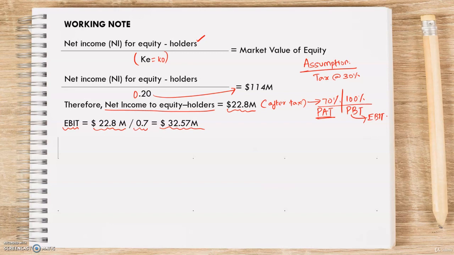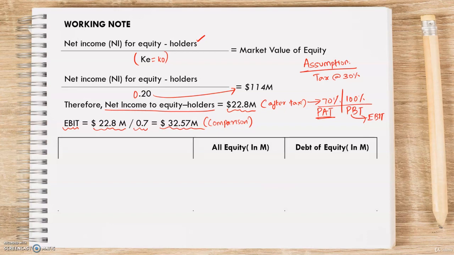This information is very vital, because we are going to use it for comparison purposes. You can use this EBIT and see what kind of impact it is going to have on the profits for equity shareholders when they had equity and when they have debentures. Okay, so let's do that.